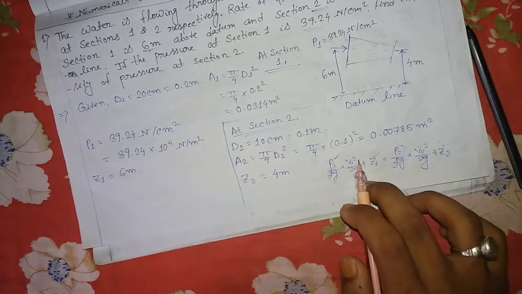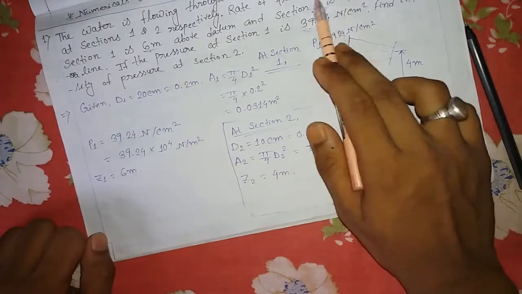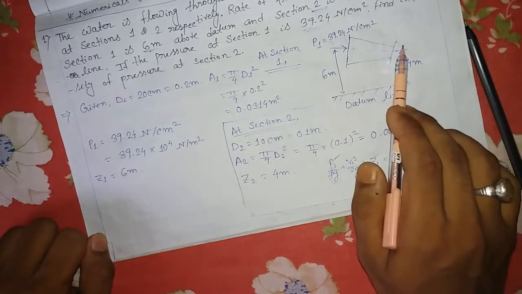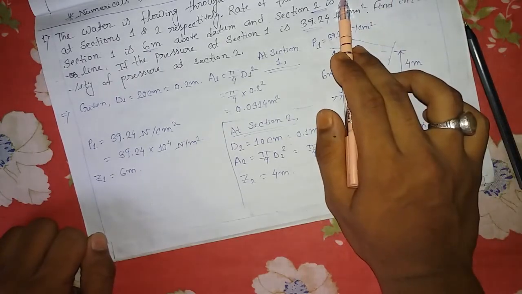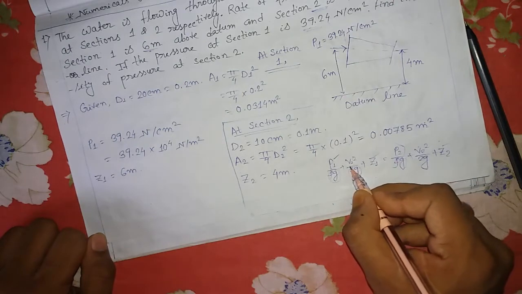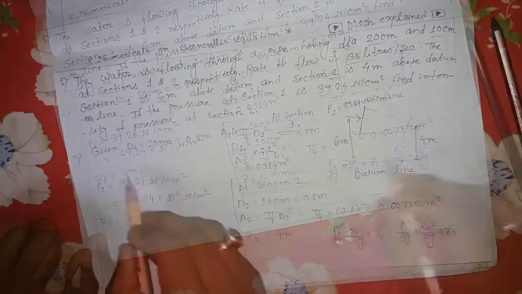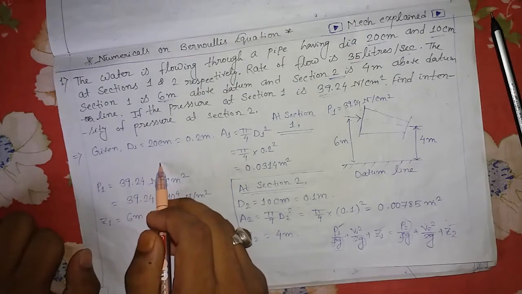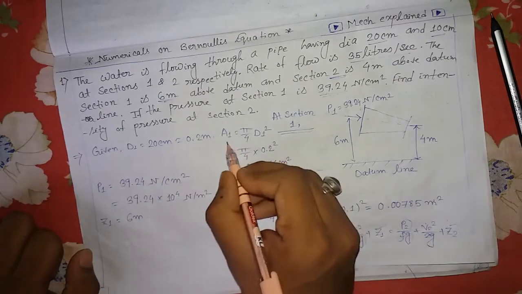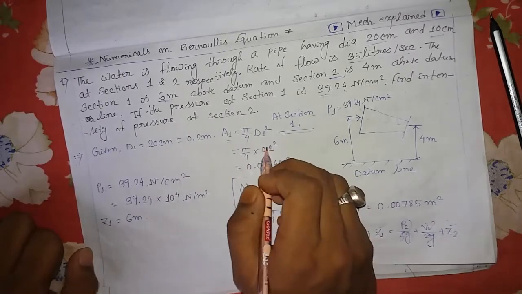So how do you find the velocity? By using the diameter of the section and the rate of flow Q, we can find the velocity at inlet and outlet. Diameter D1 equals 20 centimeter equals 0.2 meter, so area A1 equals pi by 4 D1 square.